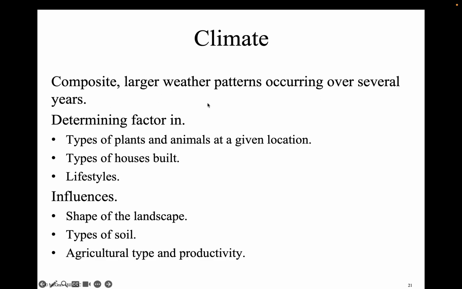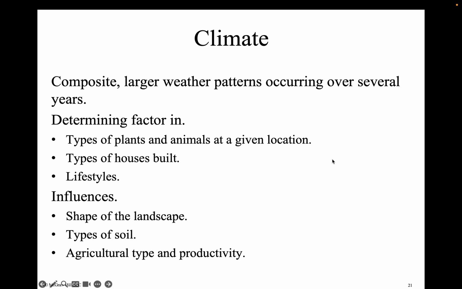There are different factors that determine the climate, and climate is important for determining different processes that happen on Earth. For instance, the type of plants and animals that will be found at a given region and location.